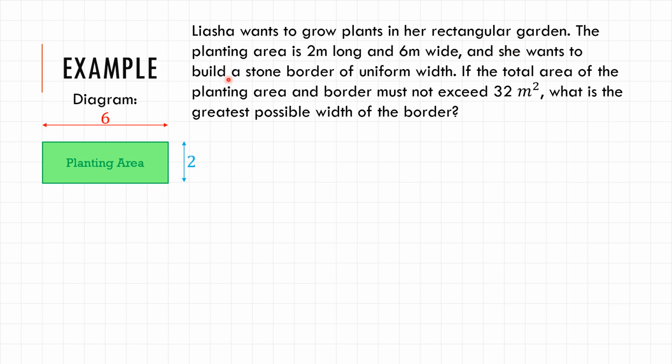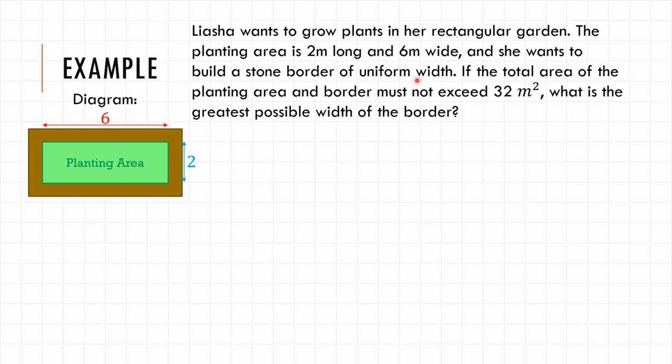And she wants to build a stone border of uniform width. Uniform means it's the same. So she wants a border that is the same width all around. So sort of like this, right? Where whatever this distance is, and I'm not sure how wide she wants it to be, this distance will be the same as this distance, will be the same as both of these distances as well.